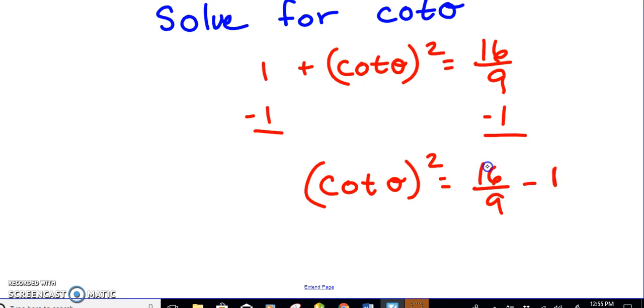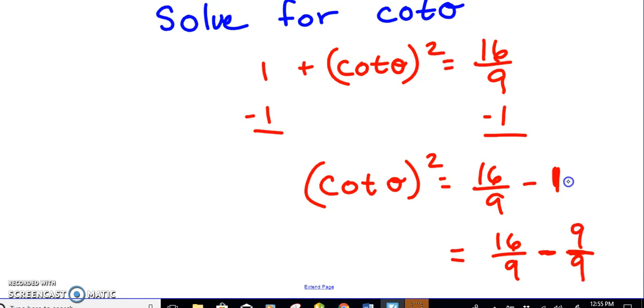Now, if we're going to subtract 16 over 9 minus 1, that means we have to have a common denominator in order to be able to subtract fractions and whole numbers. Hopefully everybody knows that 1 is anything over itself. So that means this would have to be 9 to have a common denominator, and if the denominator is 9, the numerator is 9.